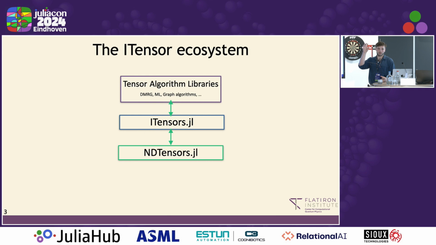The top is the user-facing portion of ITensor, which is any graph or tensor algorithm library, something that does DMRG in quantum physics or graph algorithms or whatever you might think of to use tensors for. And below ITensor is the NDTensors library, and that's what I'm going to focus on here. This is the meat of what ITensor is.